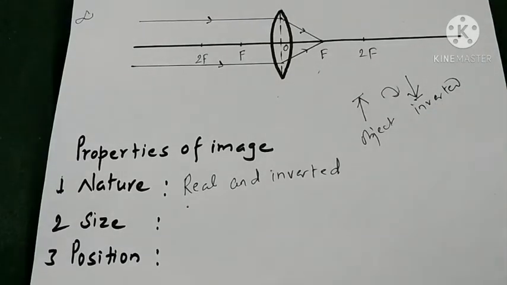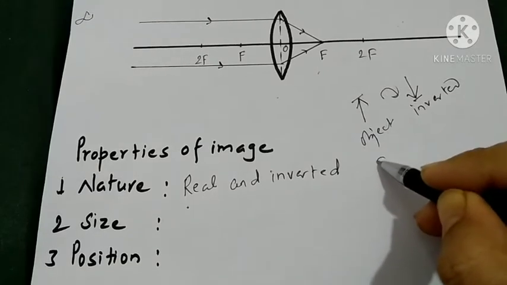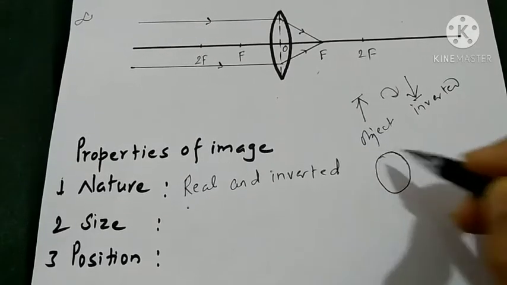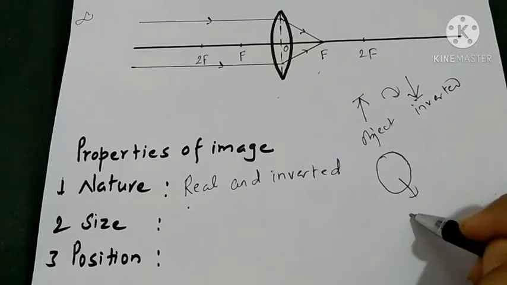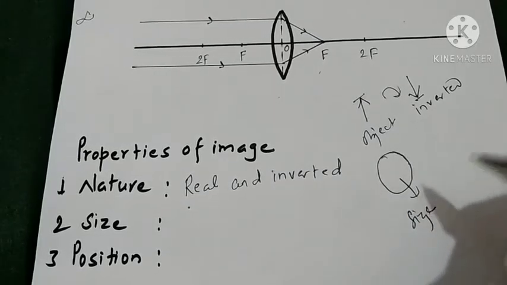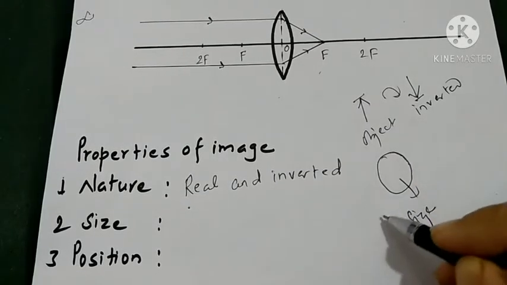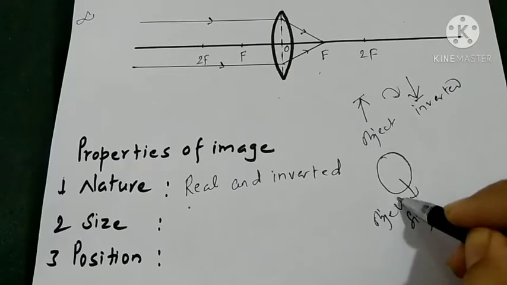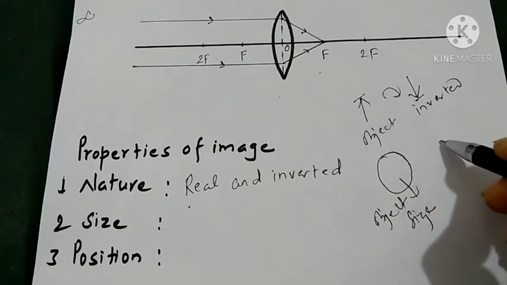And let's talk about size. The size of the image is highly diminished. Highly diminished means if this is the size of the object, then the image will be very small.